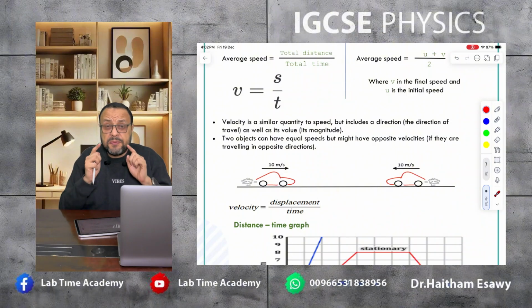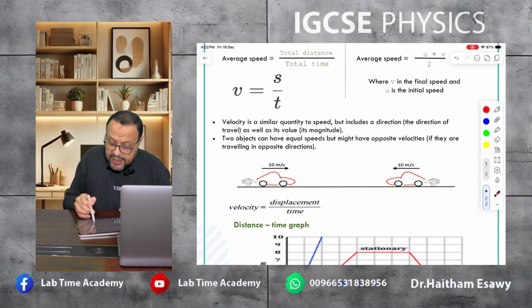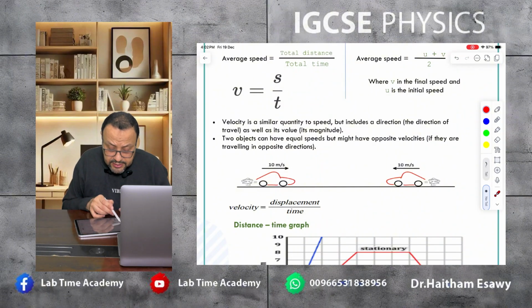Actually, they have the same speed, but they have different velocities. Why? Because they have different directions. The direction of this car is to the right and the direction of this car is to the left, so we have a change in direction.